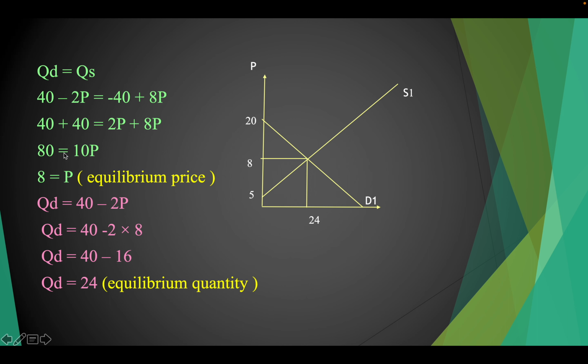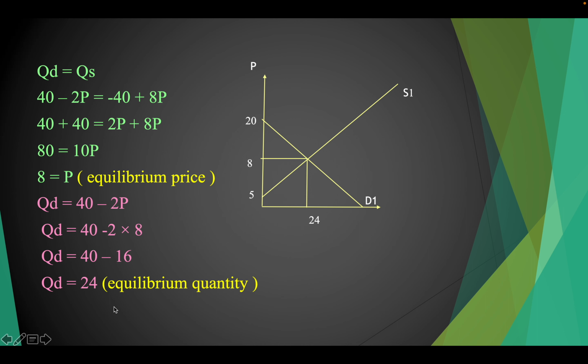Then the equilibrium price is 8. When you find the equilibrium price, you have to add it to the QD or QS equation and find the equilibrium quantity. So I take the QD equation, that means the demand equation, and I add 8 for the price. Then QD is 24.